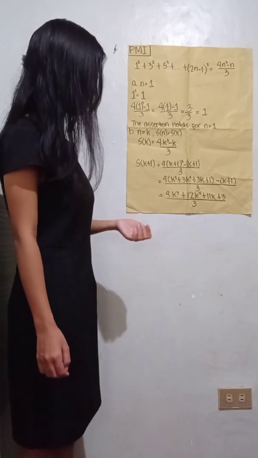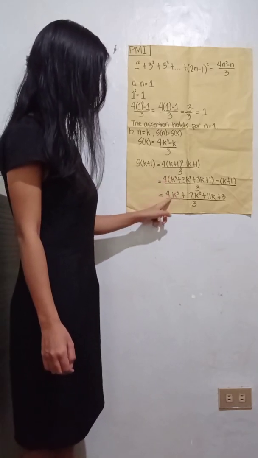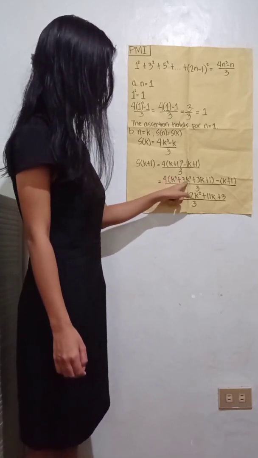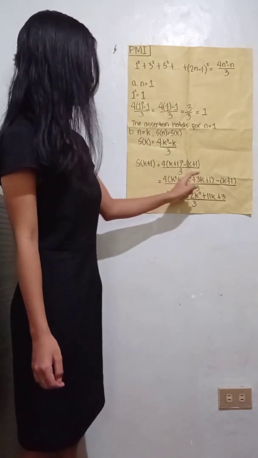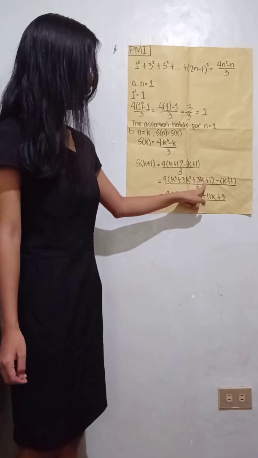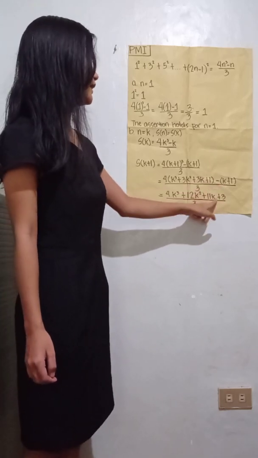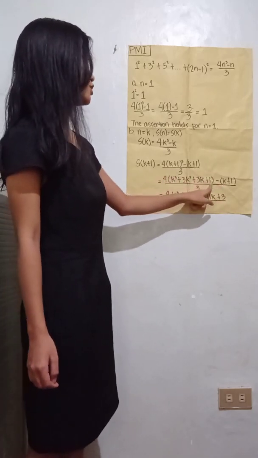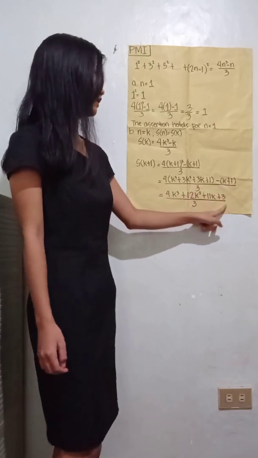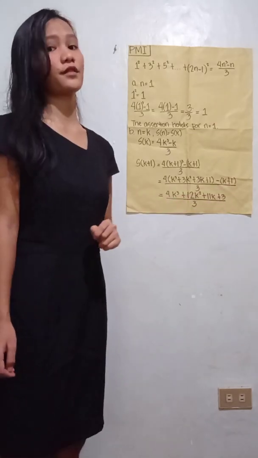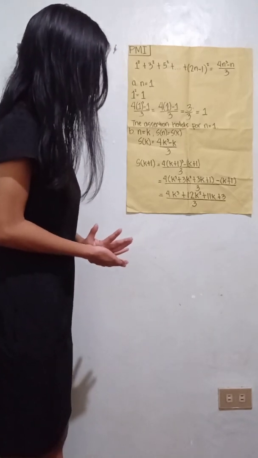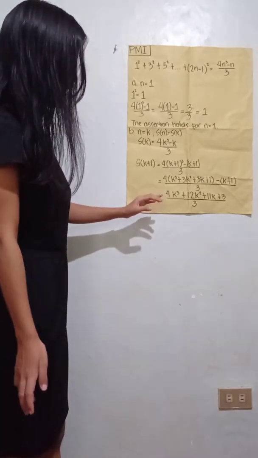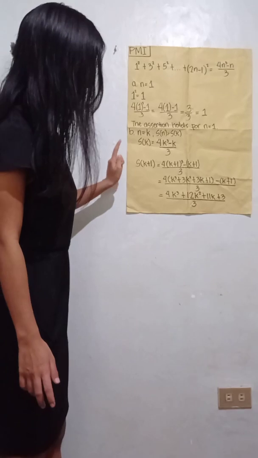Here we have 4 times k cubed is 4k cubed, 4 times 3k squared is 12k squared, 4 times 3k is 12k, minus k is 11k, and 4 times 1 is 4, minus 1 is 3, then all over 3.